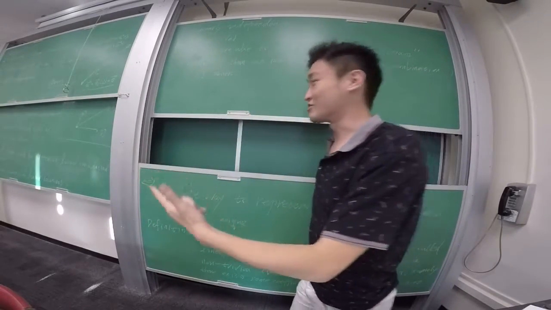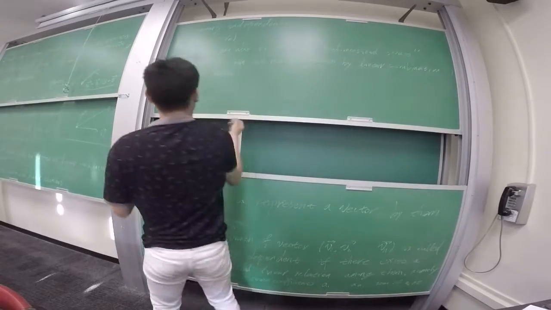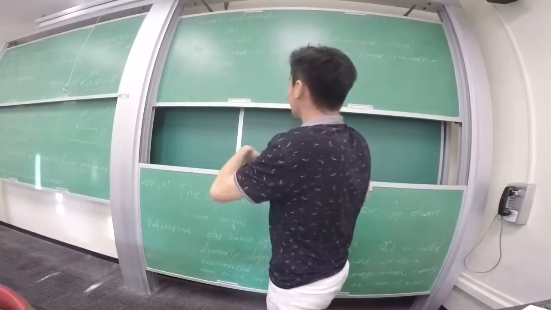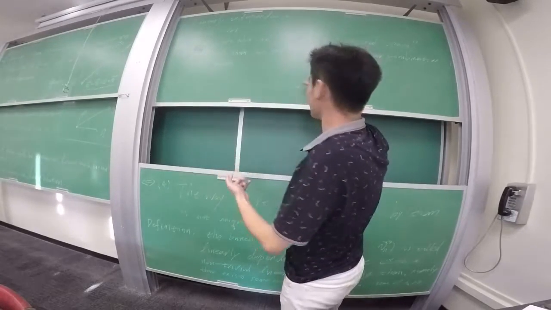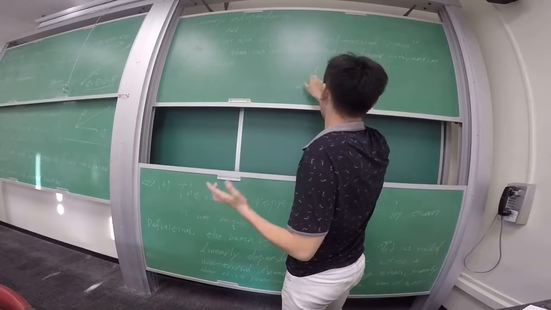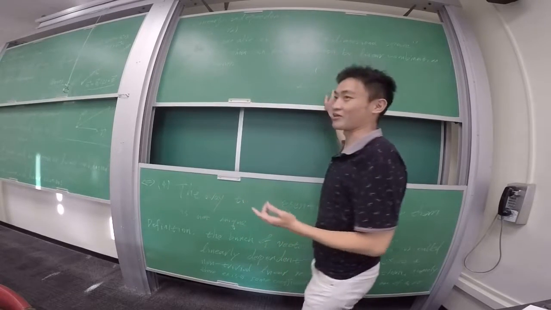If you have two vectors which are not collinear, in the most general position like this, then of course any one of them cannot be written as a linear combination of the other.